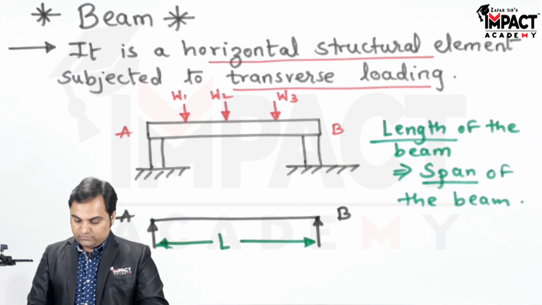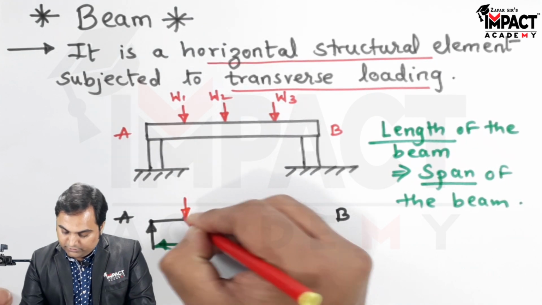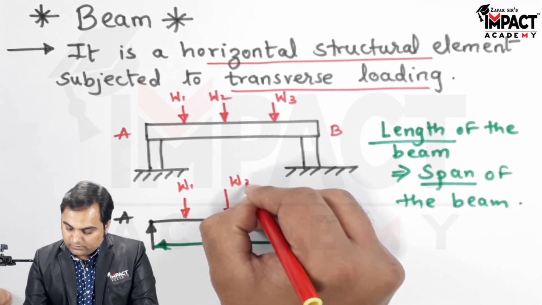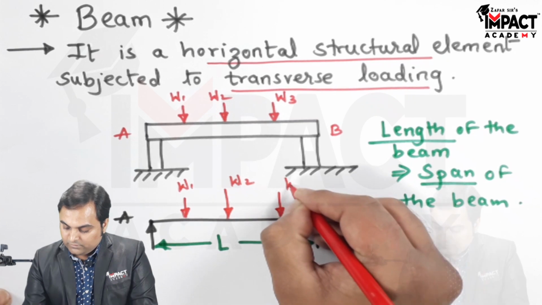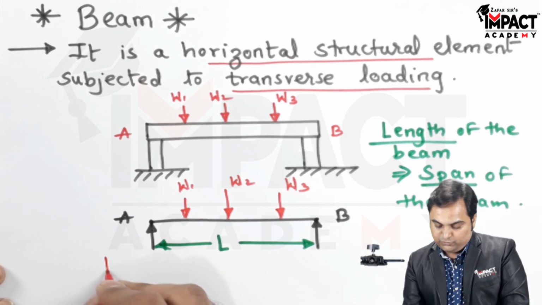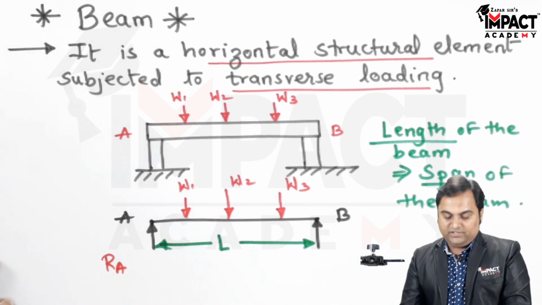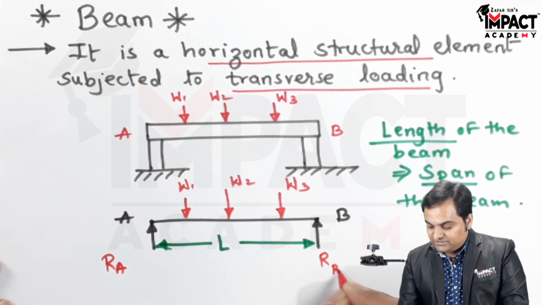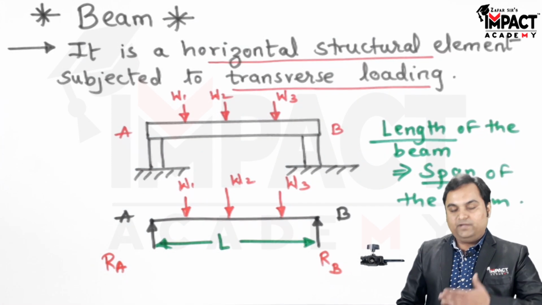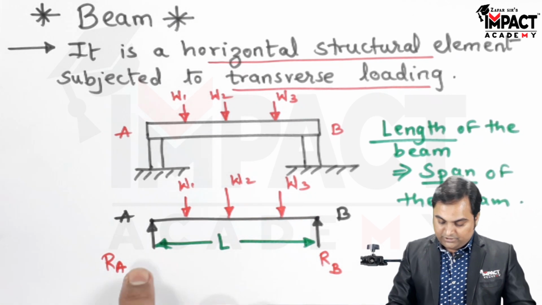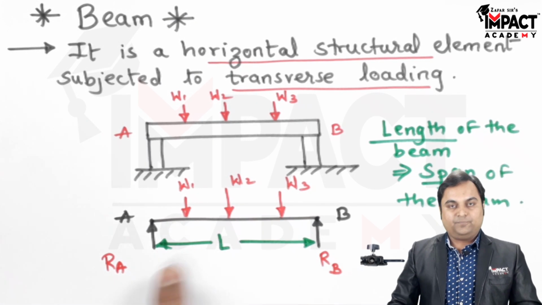Under the action of the loads W1, W2 and W3, the beam would try to move in the downward direction, but the supports are offering reaction in the upward direction, reaction at A and reaction at B, which would try to keep the beam in the equilibrium condition or equilibrium position. Now I'll explain the different types of supports for a beam.